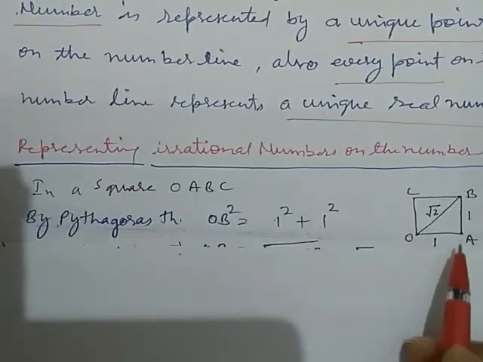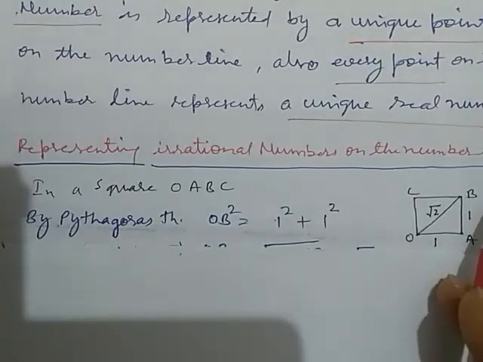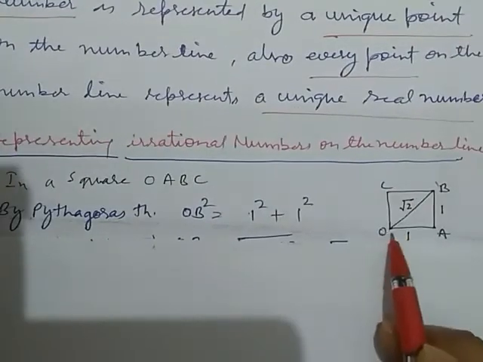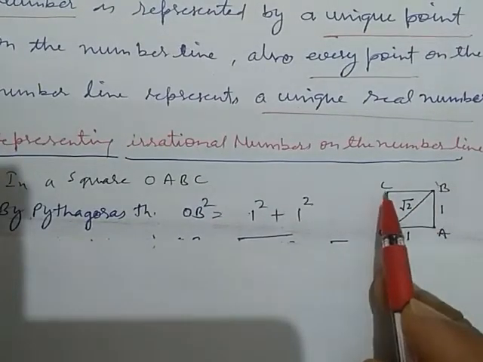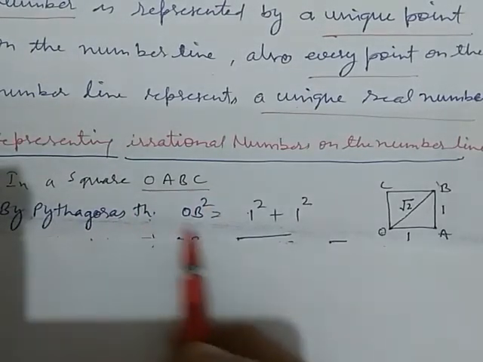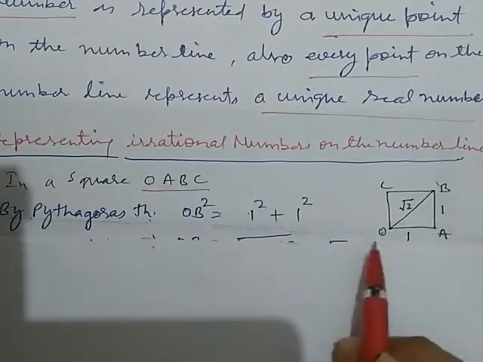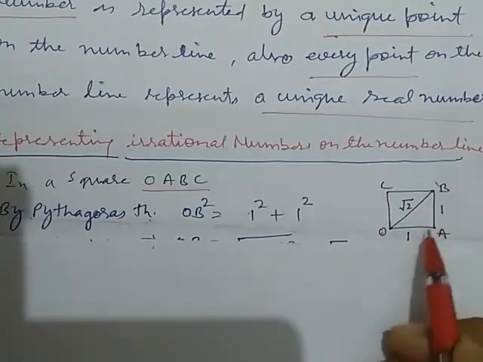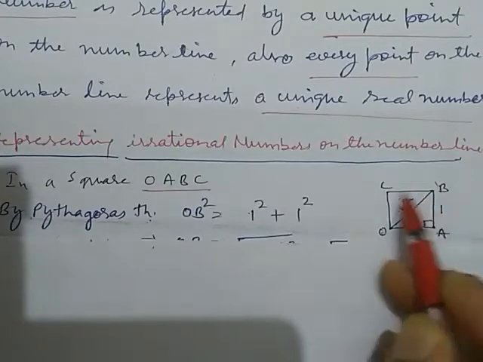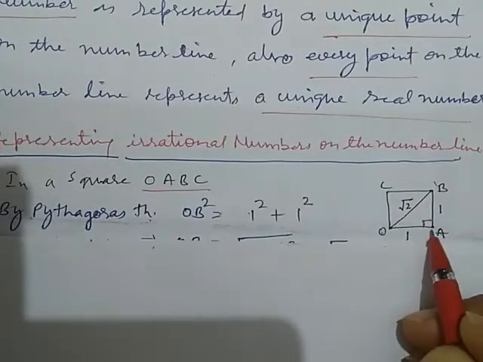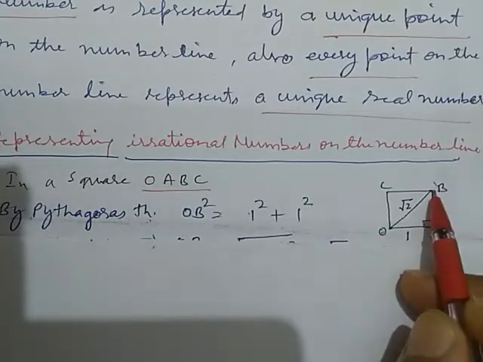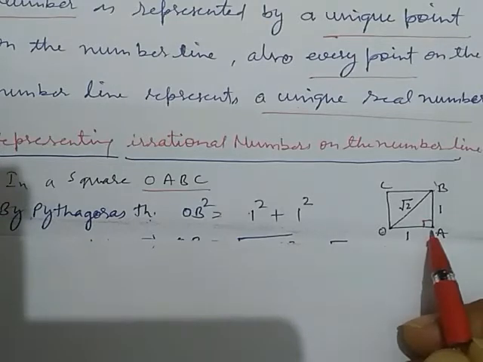Here we take a square OABC. By Pythagoras theorem, we know that if a triangle has a right angle, we can apply it. In a square every angle is a right angle, so the triangle OAB is a right triangle.